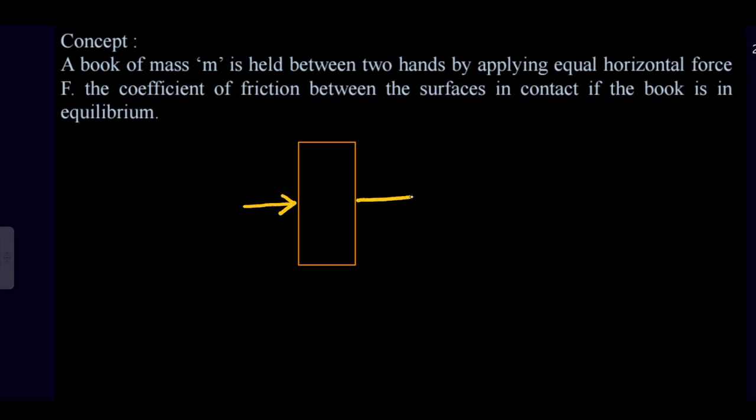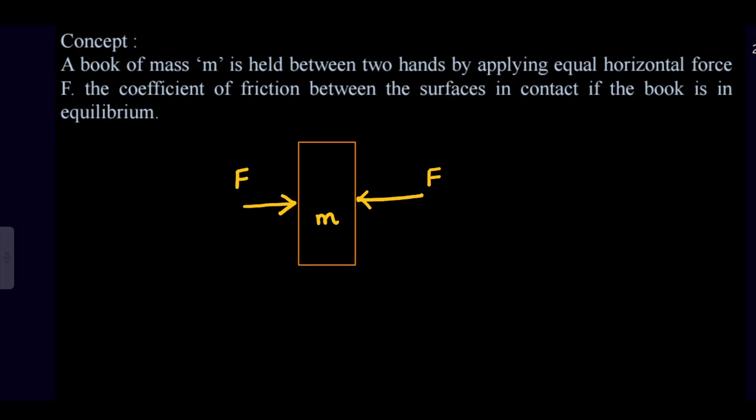Equal amount of force is applied like this. So this force is F and this force is F only. Both forces are equal. Now the mass of this book is m.